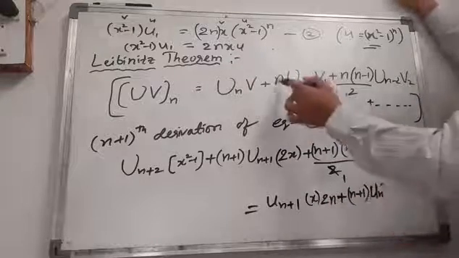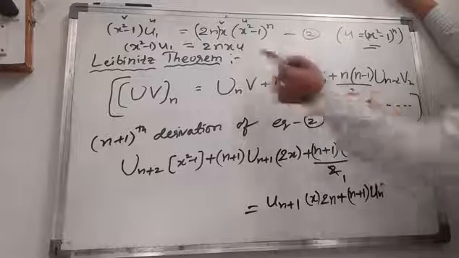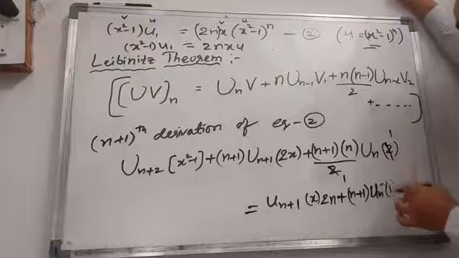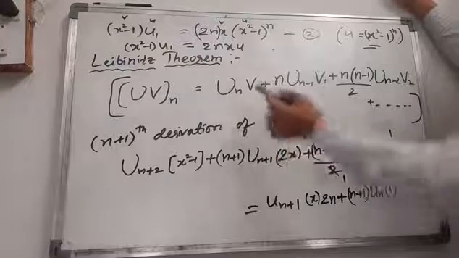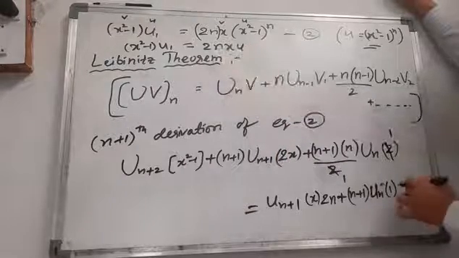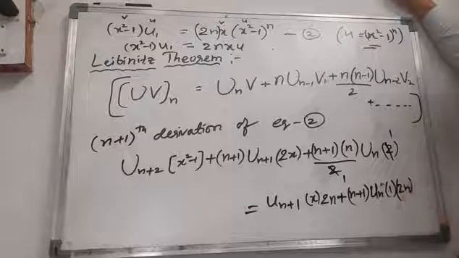Next step, n plus 1, so decrease the differentiation by 1: u_n. v1, the first derivative of x, is 1. That's it. And next, what is left? 2n is left, so write down 2n as it is again, like this. Okay.